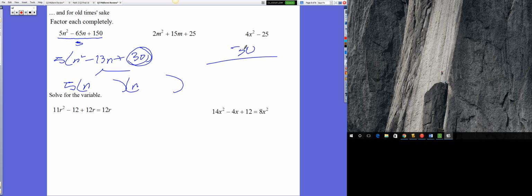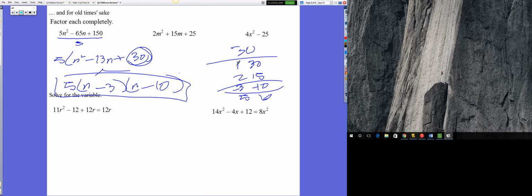So if you start going through the factors of 30, 1 and 30, 2 and 15, 3 and 10, 5 and 6, you're going to use 3 and 10. And it's going to be a negative 3 and a negative 10. Because they must times together to give a positive 30, and a negative times a negative is positive, but they've got to add together and give you a negative 13. So that is it.